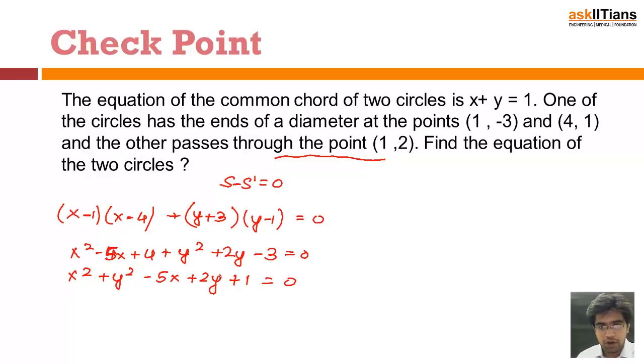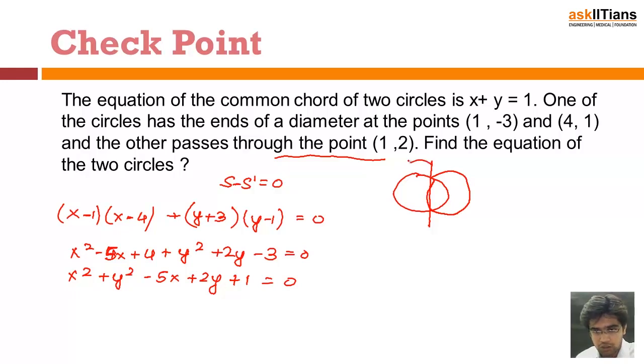Now we need to find out the equation of this S dash. Actually it is a common chord, but what I can say is that there is one more circle which is passing through the intersection points of these two circles.